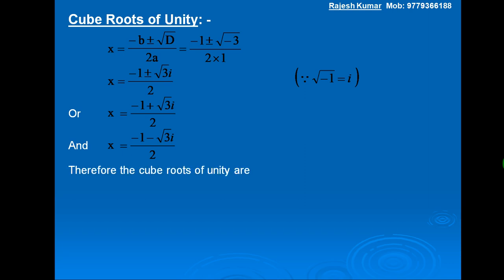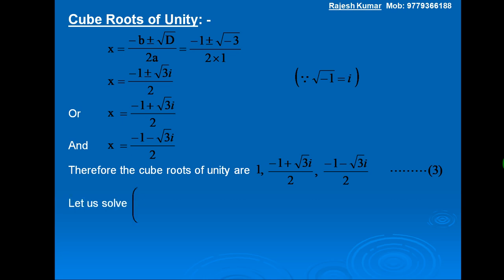Therefore, the cube roots of unity are 1, minus 1 plus under root 3 iota upon 2, and minus 1 minus under root 3 iota upon 2. One root is real and two are complex. Let it be equation number 3.